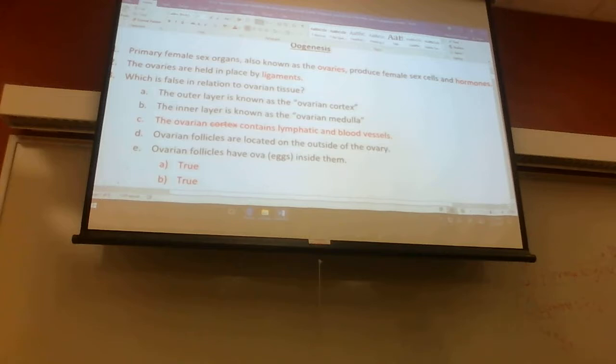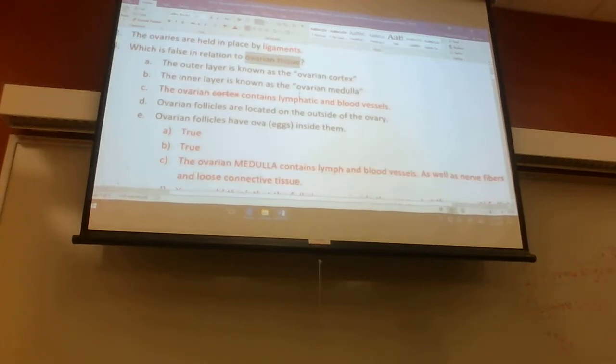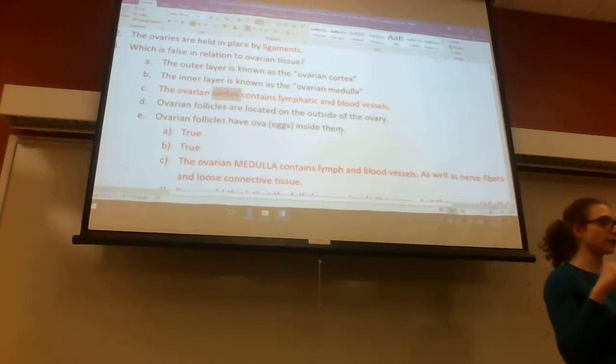So what is false in relation to ovarian tissue? This is tissue on the ovaries. The outer layer is known as ovarian cortex. Inner layer is ovarian medulla. The false thing is the ovarian cortex, not the cortex, but the medulla contains lymphatic and blood vessels. The medulla is the inside of the ovary.